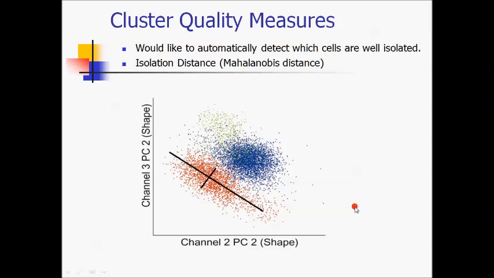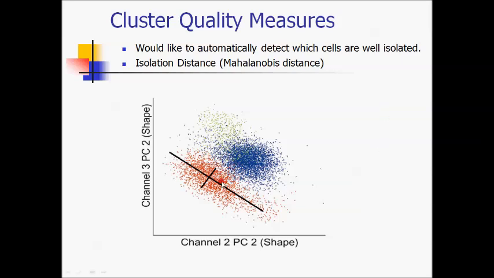Okay, one other thing I would like to tell you about is that we will do this spike sorting or clustering, and the question is how good a job we did. There are a few measures which can help us with that.